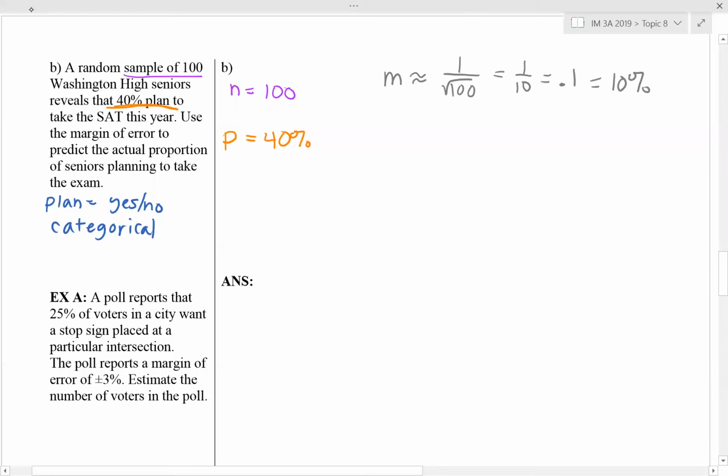Okay. So the same way that we did with the last problem, we're going to add and subtract this value from the value that we were given as the representation of the true proportion.